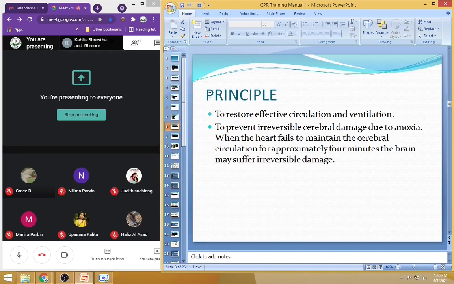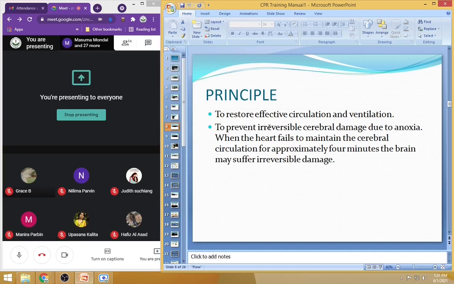Then the principles of CPR. Our main purpose for doing CPR is to restore effective circulation and ventilation. Remember, circulation and ventilation. Next is to prevent irreversible cerebral damage due to anoxia, that is, absence of oxygen.